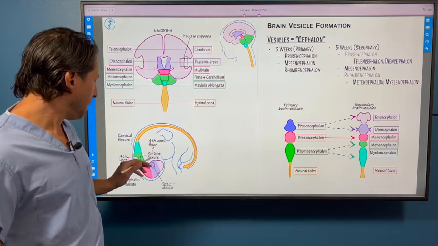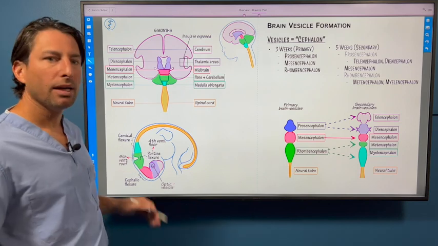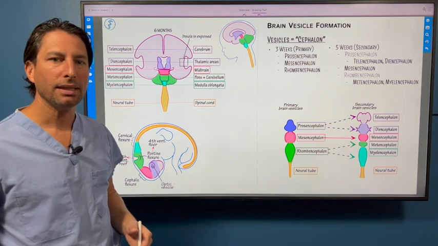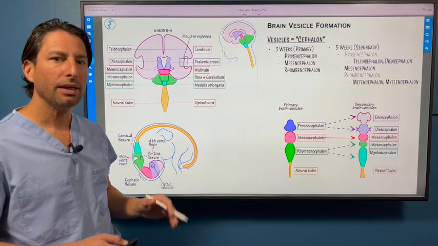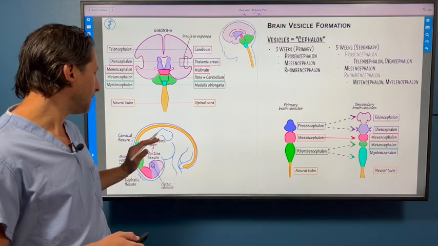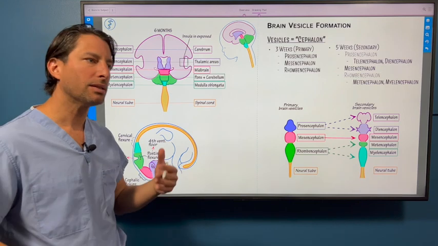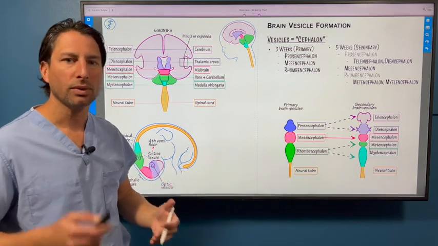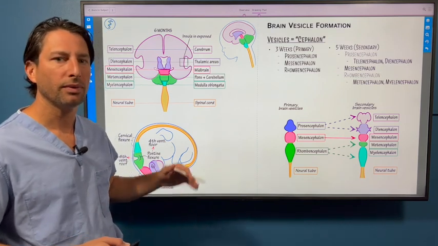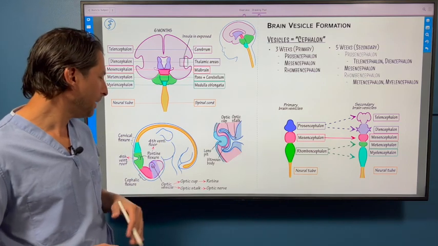This is this cephalic flexure. When we talk about orientational planes of the cerebrum, there is an angulation that the brainstem takes to it, and that's why these terms rostral, caudal, dorsal, ventral differ from the brain to the brainstem.